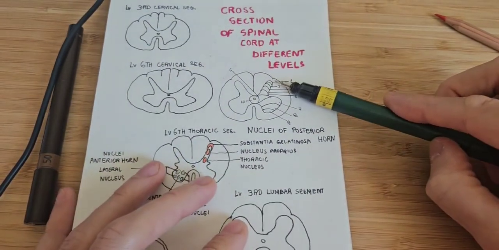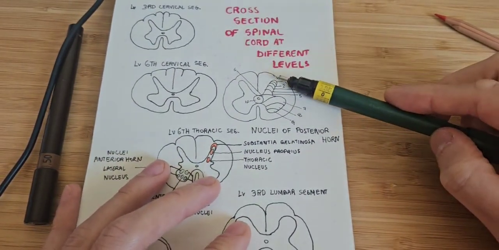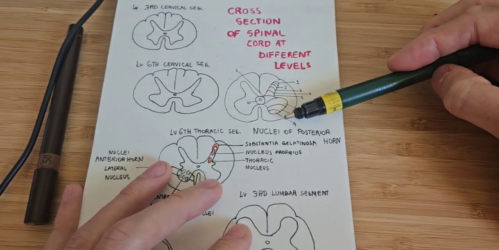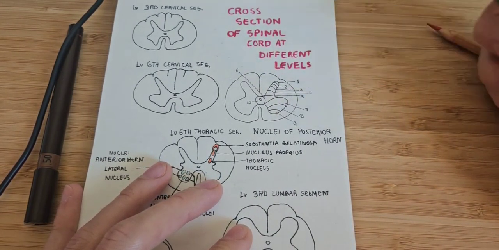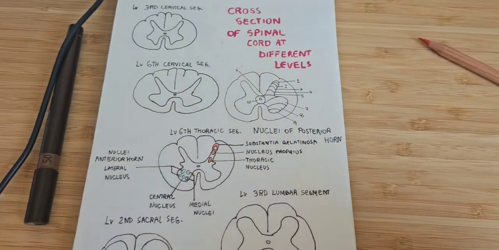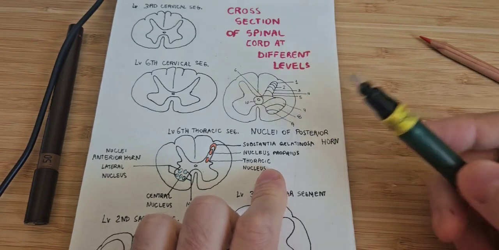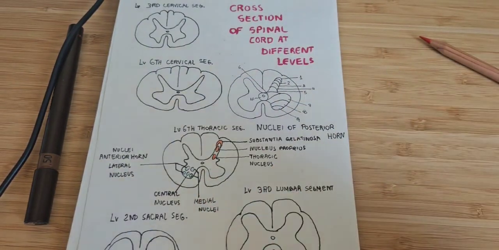As you can see, it starts from the apex of the posterior horn and goes all the way to the anterior horn. And lamina 10 actually surrounds the central canal.